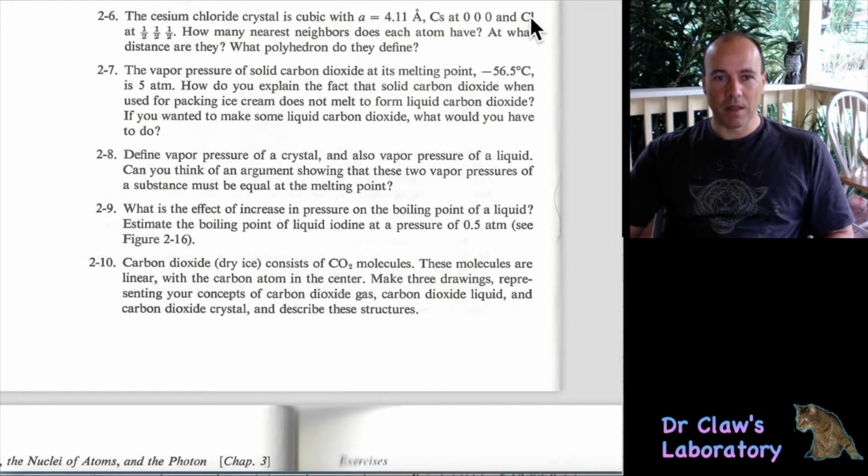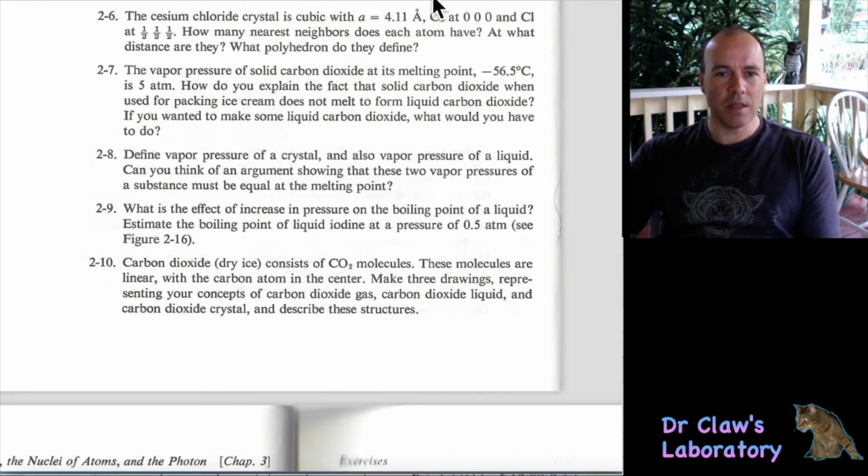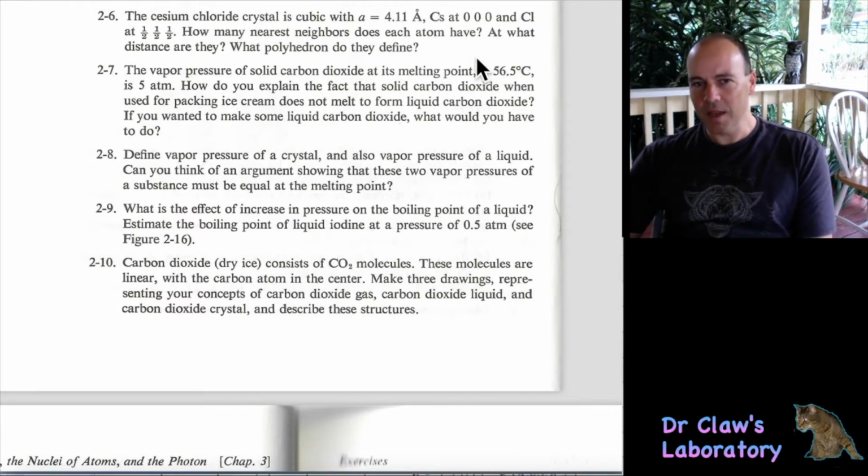And chloride is going to be in the exact middle of all of those boxes. Now that's actually another lattice called the primitive or simple cubic lattice. So the cesium ions are in a simple cubic arrangement, and also the chlorides are as well, as we'll see. So let's take a look at the model for this.